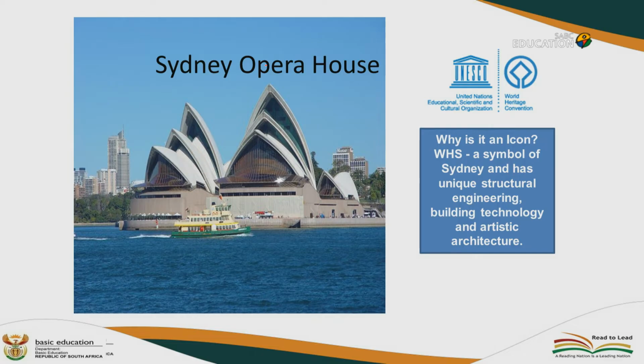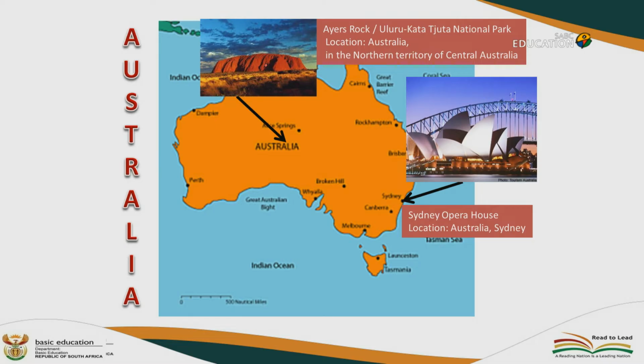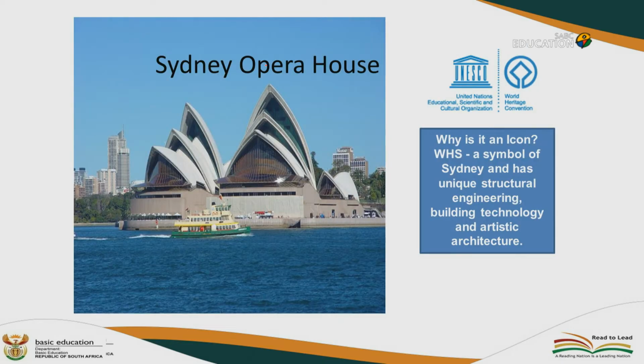Remember the previous slide, I said it is in Australia. There is no other Sydney Opera House in the world except the one that is in Australia. I believe with the structure, you will be able to identify it in your paper.